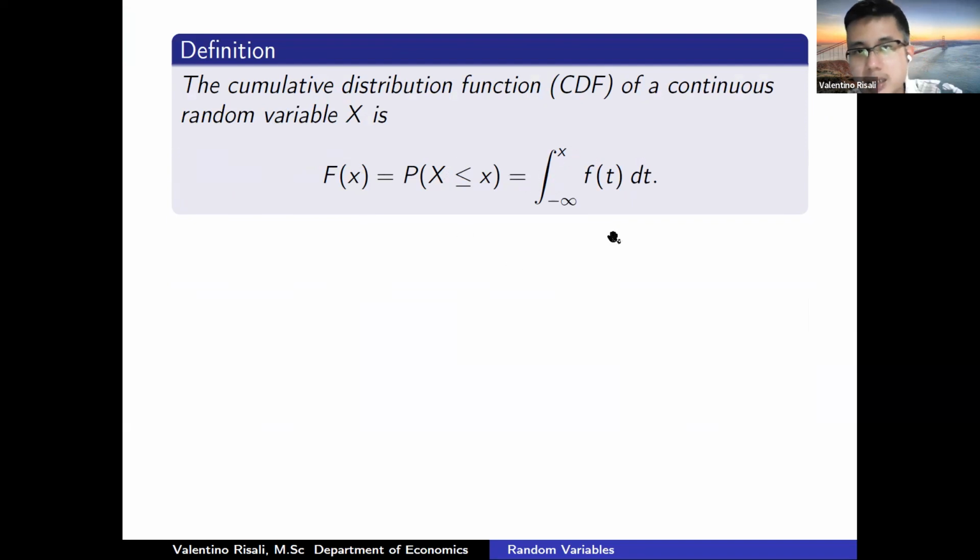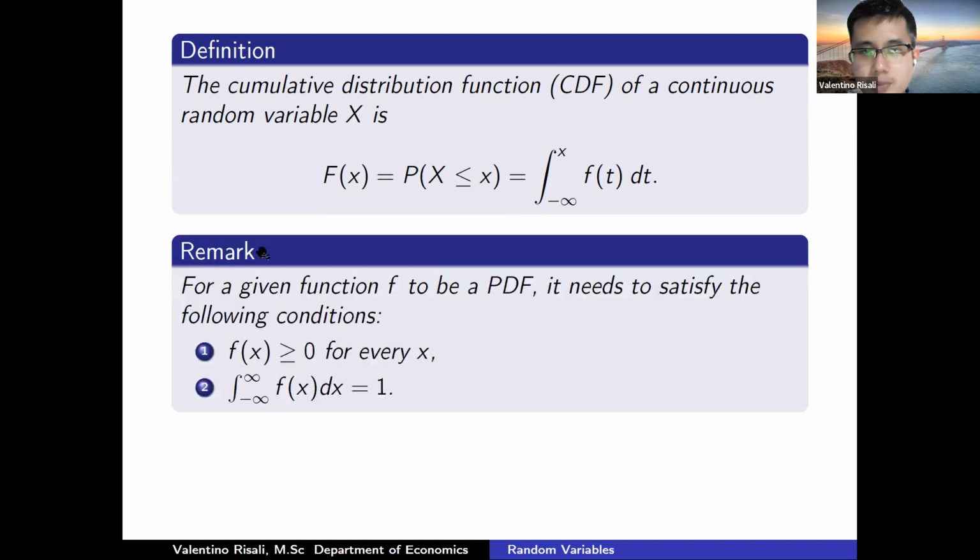And in this case, we use the integral from negative infinity to x of f(t) dt. And similar with the PMF, there are two requirements for a function to be a PDF. That is, number one, the value of f(x) is greater than or equal to 0, and number two, this integral is equal to 1.